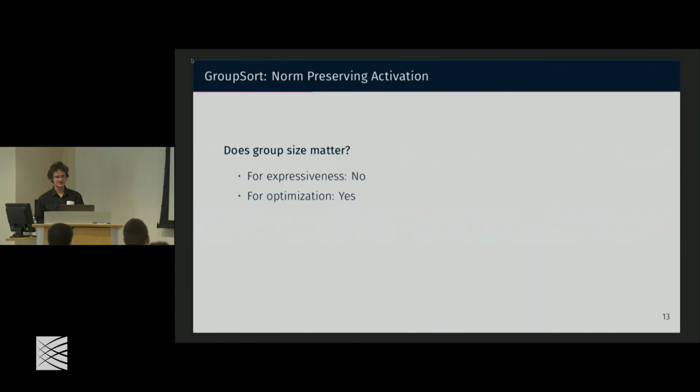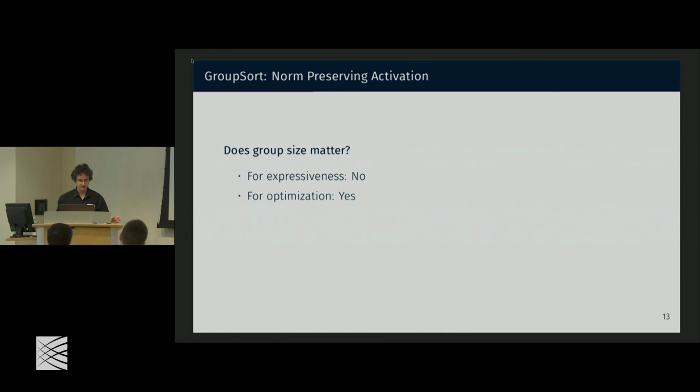So you might wonder whether the group size matters. It turns out that in terms of expressive power, the answer is no, as long as we allow our networks to have varying depths. The reason is that you can implement a parallelized bubble sort with a couple of layers to sort the whole set of pre-activations.